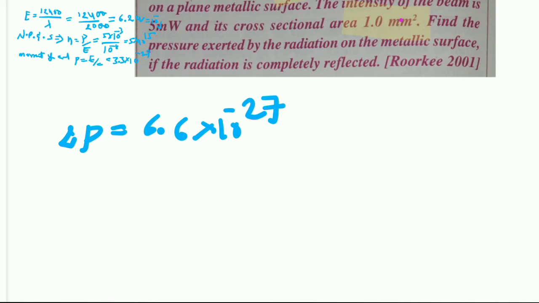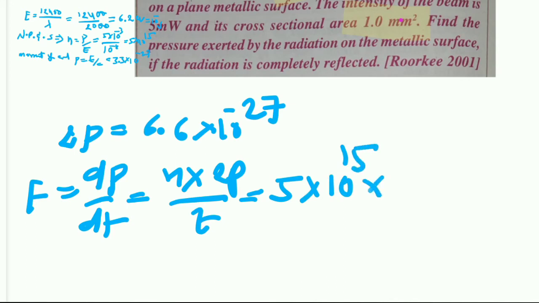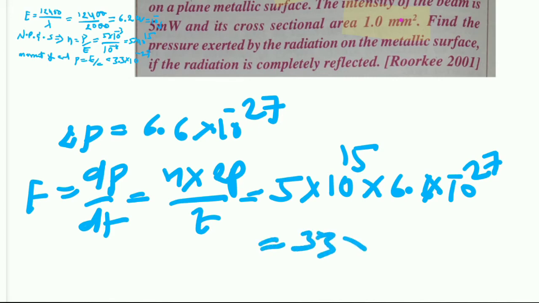Then total momentum change per second, F is equal to dp by dt, nothing but n into 2p by t, equal to 5 into 10 to the power of 15 into 6.6 into 10 to the power of minus 27. Solving this, we get 33 into 10 to the power of minus 12.